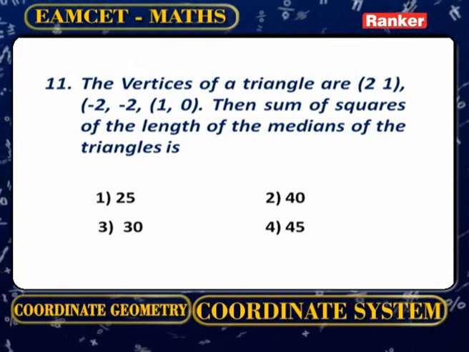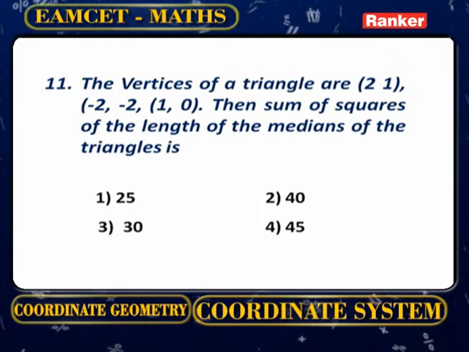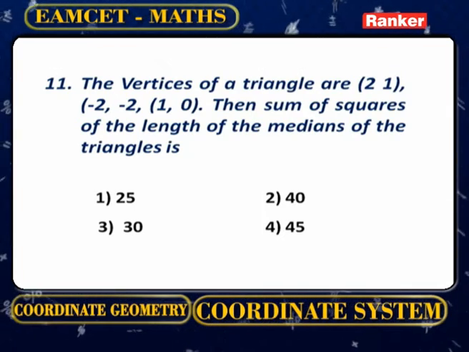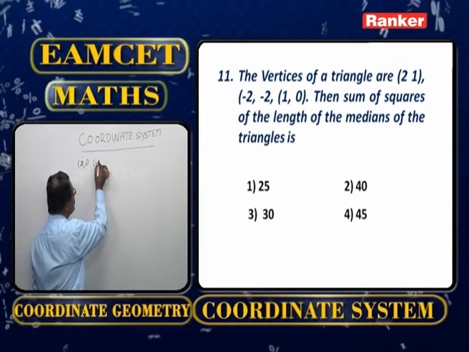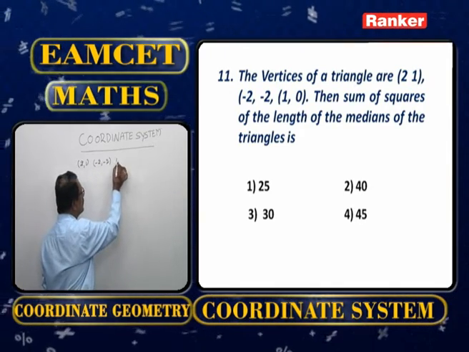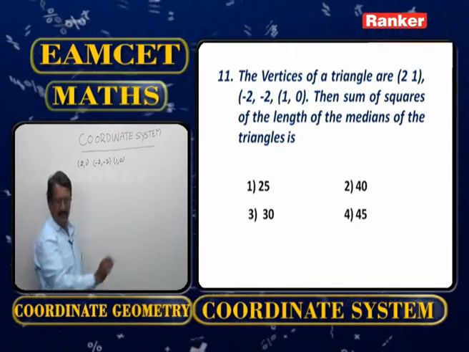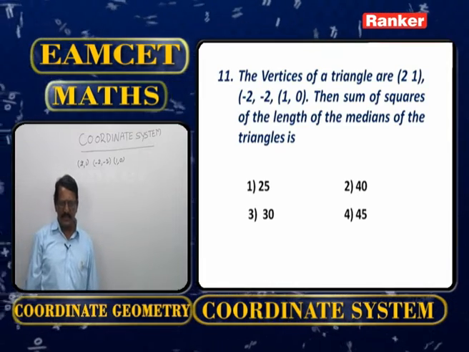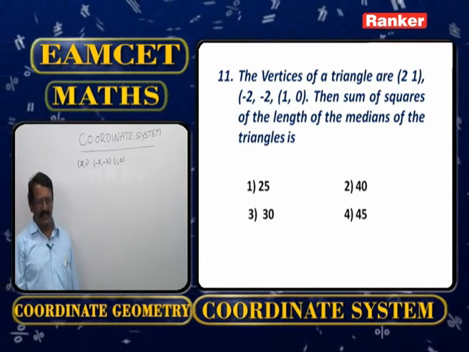The vertices of a triangle are 2, 1, minus 2, minus 2, 1, 0. Then the sum of squares of lengths of the medians of the triangle.